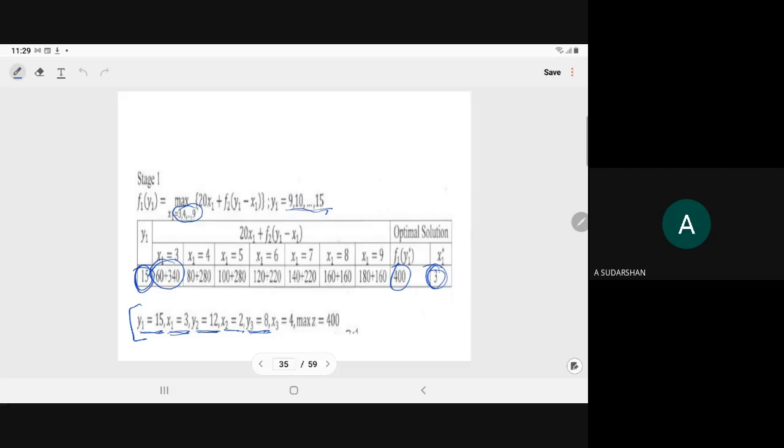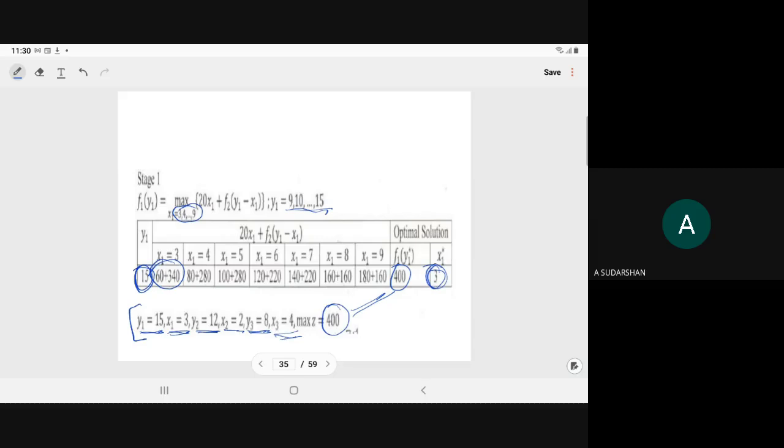So here x3 is equal to 4, and the optimal value of the revenue will be 400, whatever you are getting here. So in this way you can solve any linear program also.